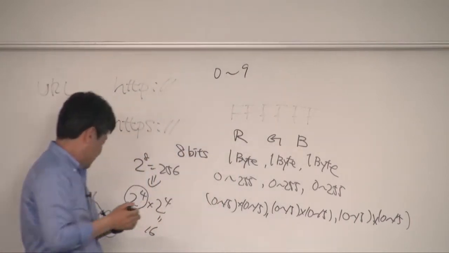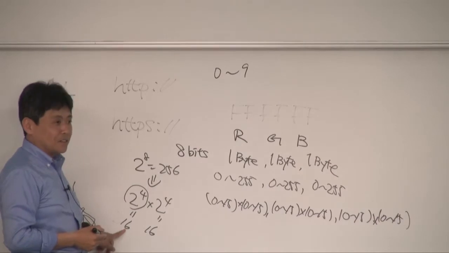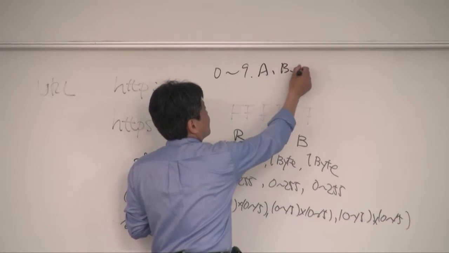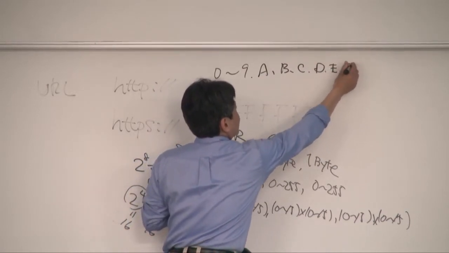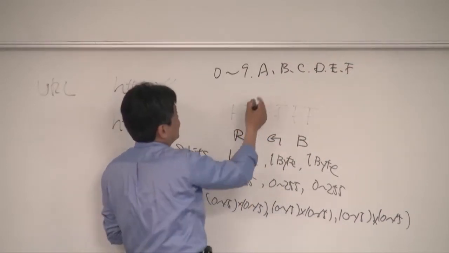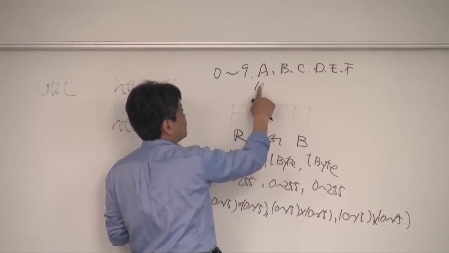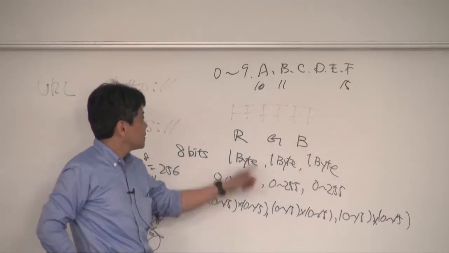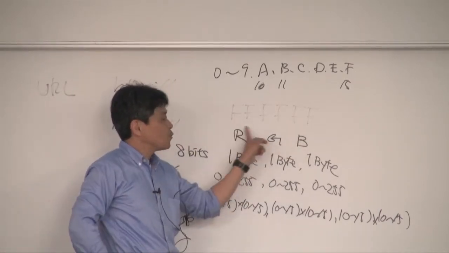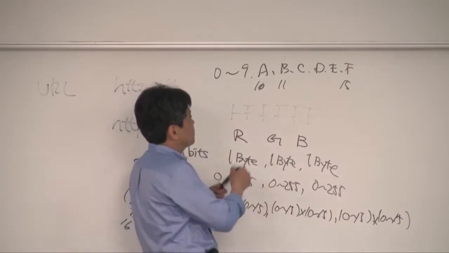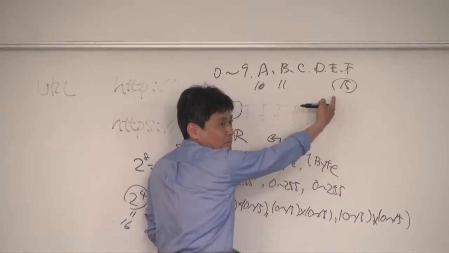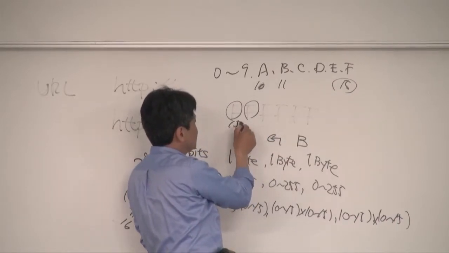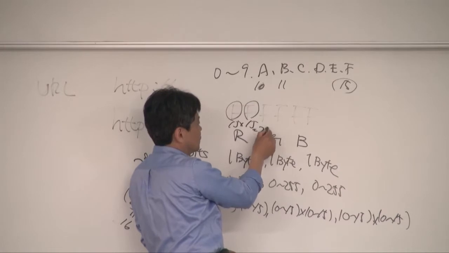To express larger numbers, you can use other characters: A, B, C, D, E, F. These correspond to 10, 11, up to 15. In this format, F means 15.